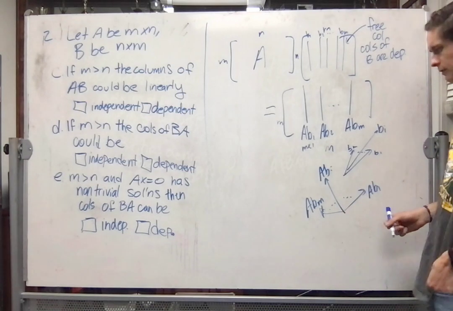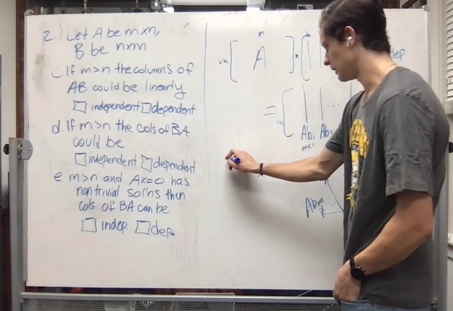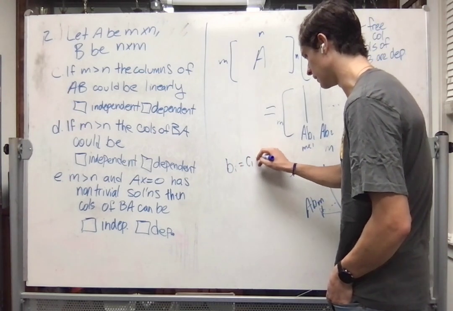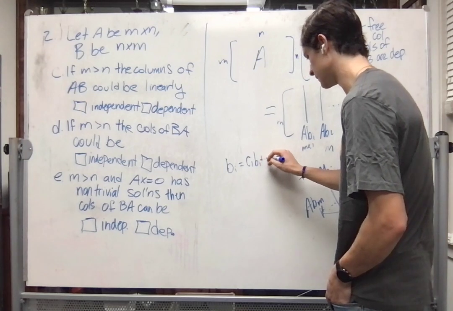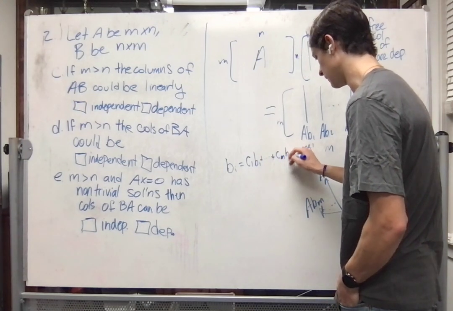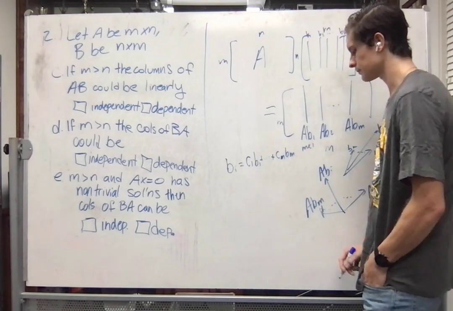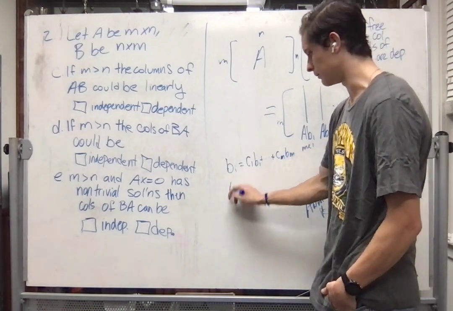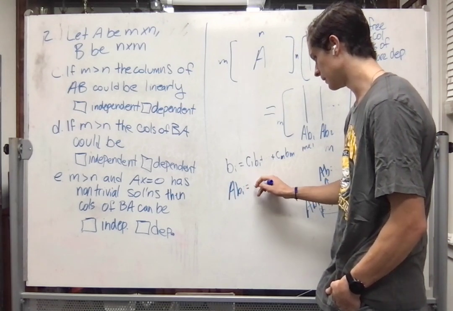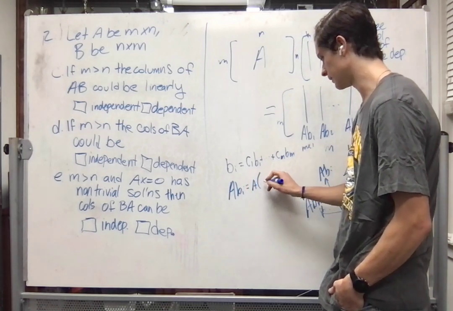In fact, we can prove it. If Bi is c1 B1 plus dot dot dot plus cm Bm, then ABi is going to be A times this linear combination.